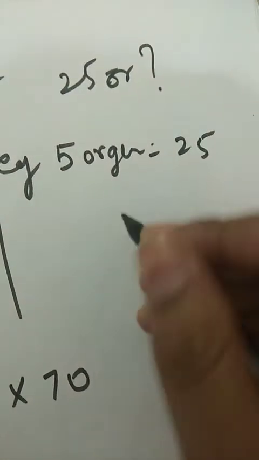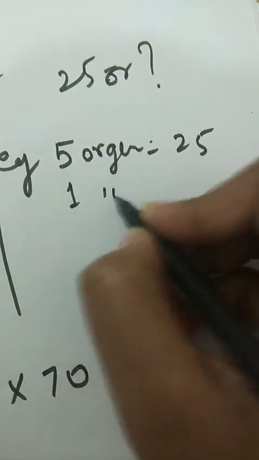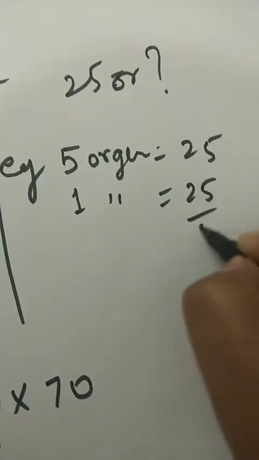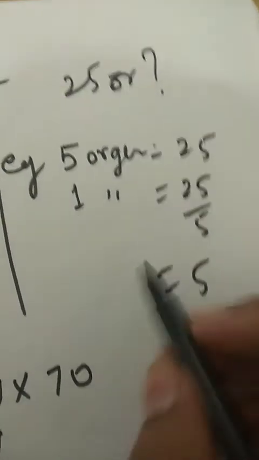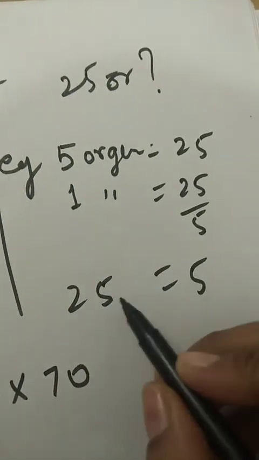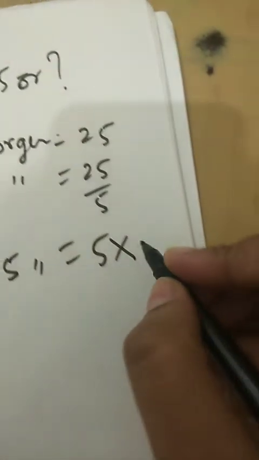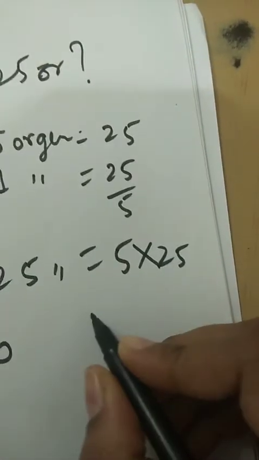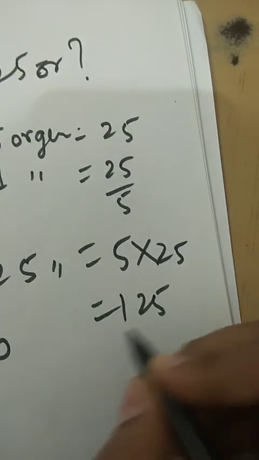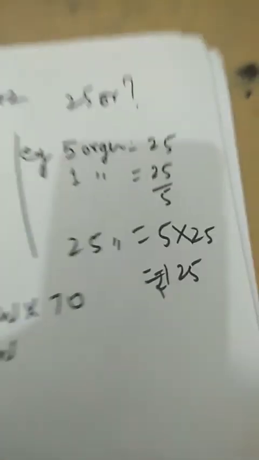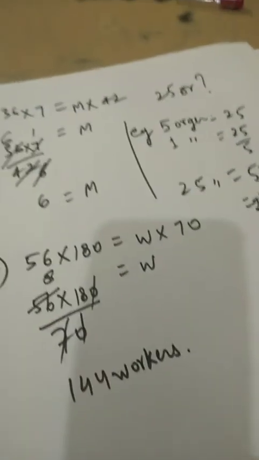You cannot find it directly, you have to find the value of 1 first. So you will write 25 upon 5, that is 5, and then you will find the value of 25 oranges by multiplying the value of 1 with the number they have asked. So it will be rupees 125. In this way we do the questions of the unitary method.